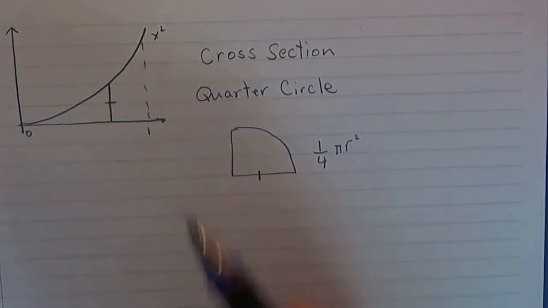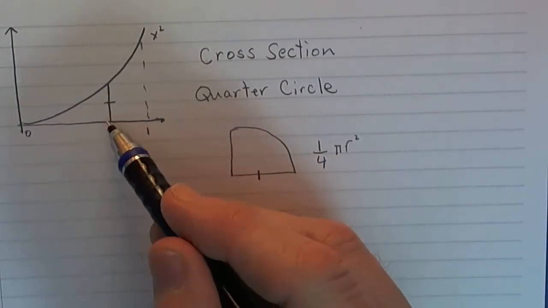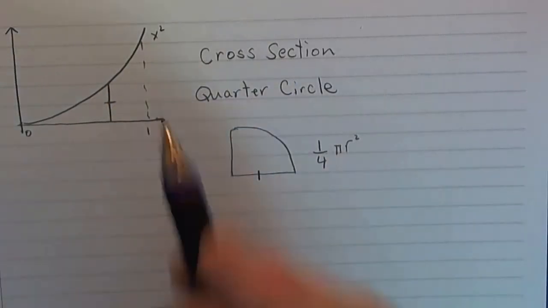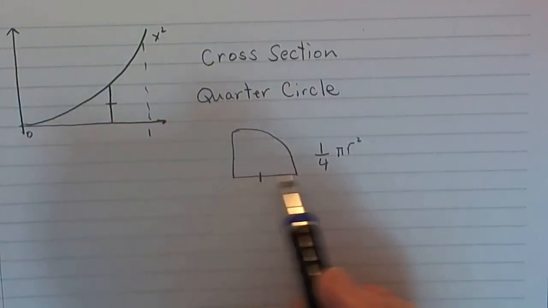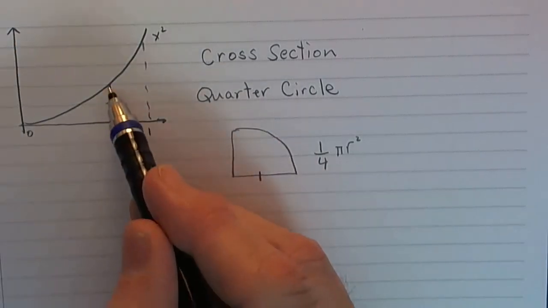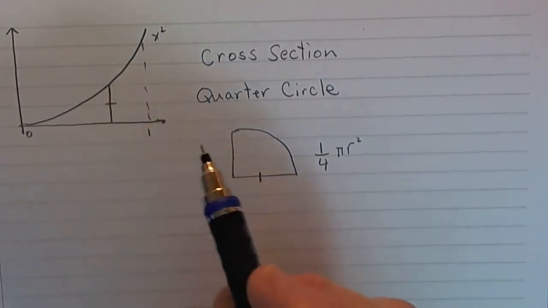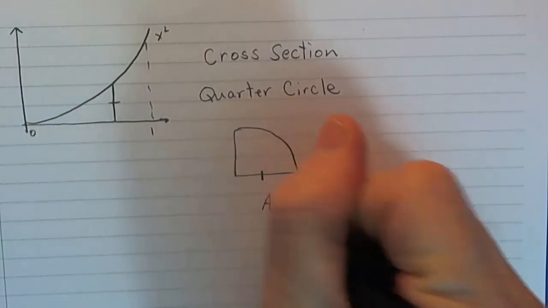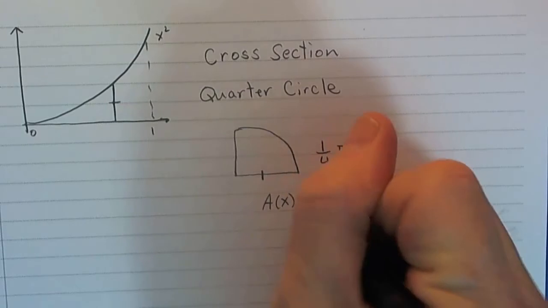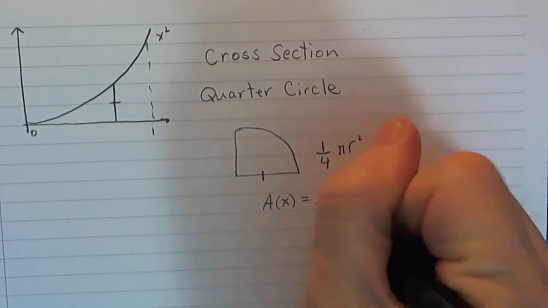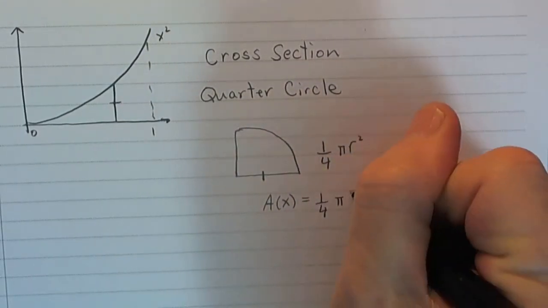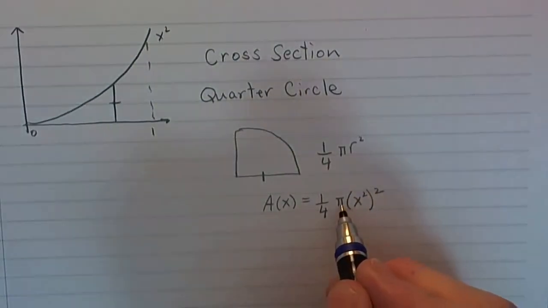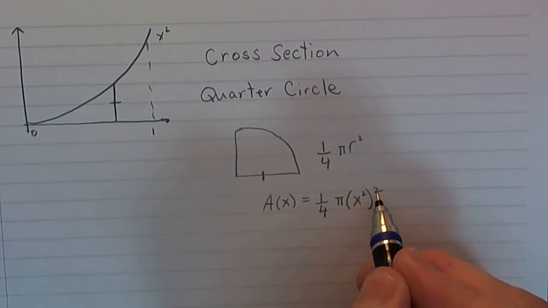In the previous example, that was the diameter, and the radius was half of it. But in this case, if it's a quarter circle, that's the entire radius. So the area, A of x, is going to be 1/4 pi (x squared) squared.